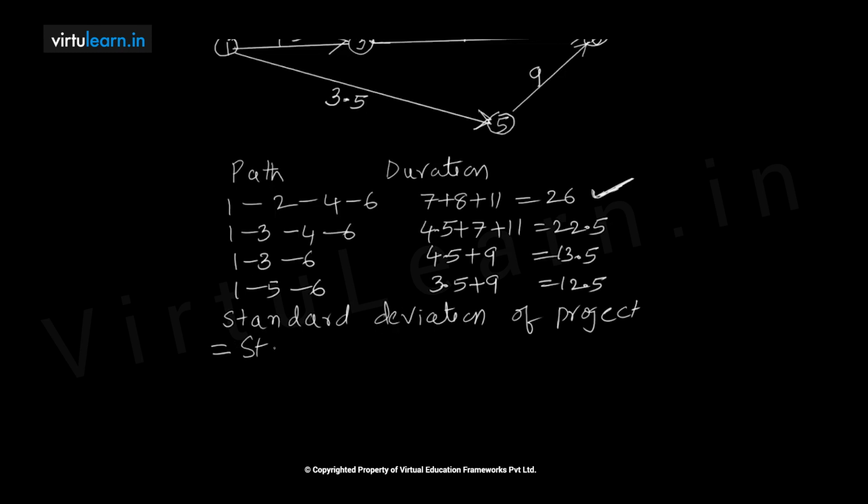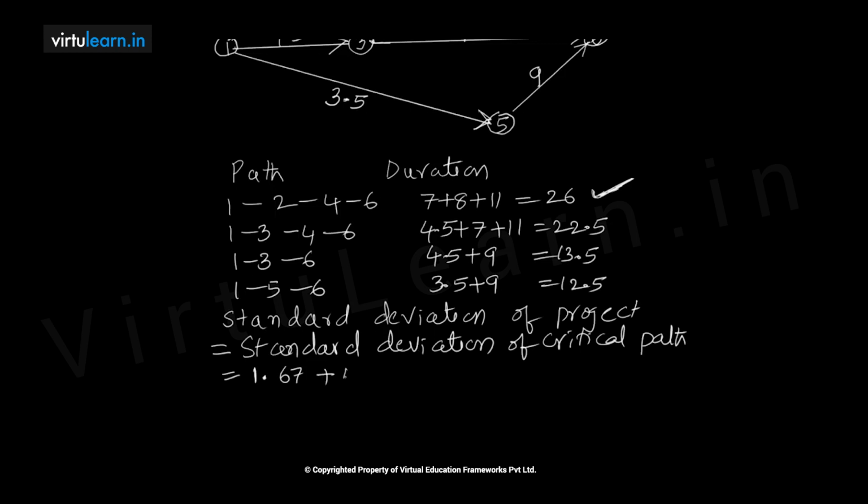So, we have 1 to 2, the standard deviation is 1.67, plus 2 to 4, the standard deviation is 1.67, which we have calculated earlier, and 4 to 6 we have a standard deviation of 0.33, which will give us 3.67 days.